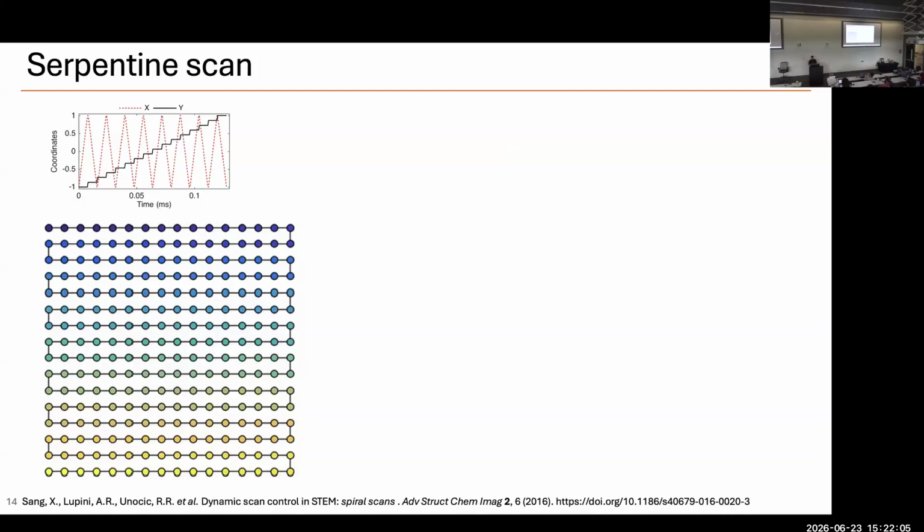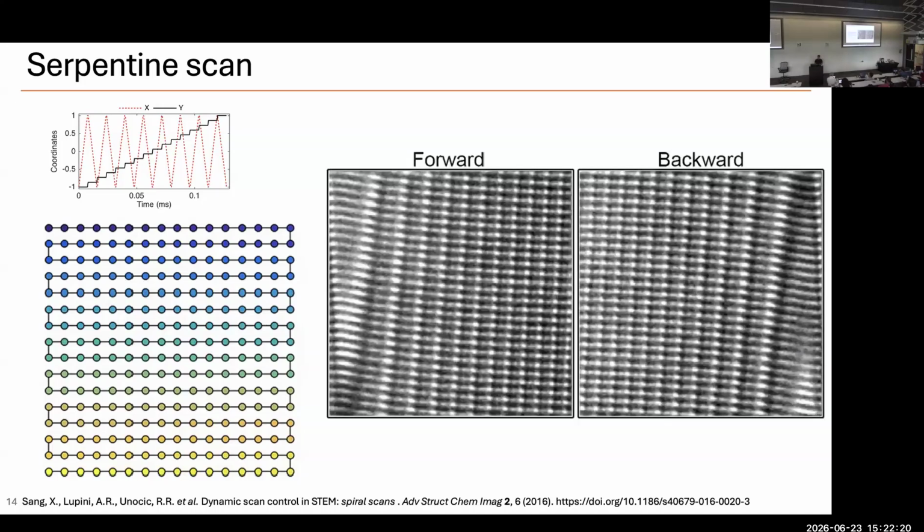The first thing that comes to mind is a serpentine scan. So very similar to the raster scan, except you scan in one direction, move down a line, scan back in the other direction. Seems brilliant. You don't waste all the time on flyback. But you have different scan coil histories for odd and even numbered lines. So you actually get that flyback distortion just in the opposite direction.